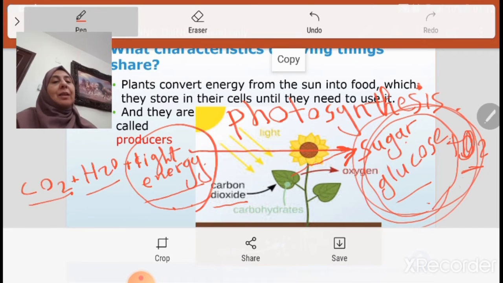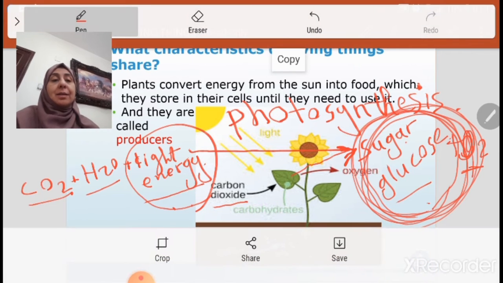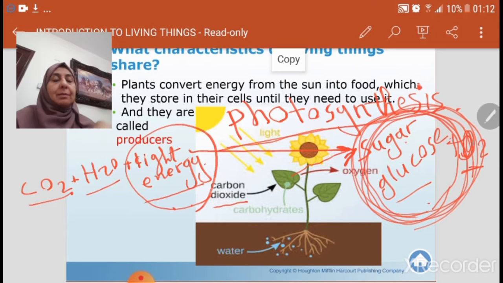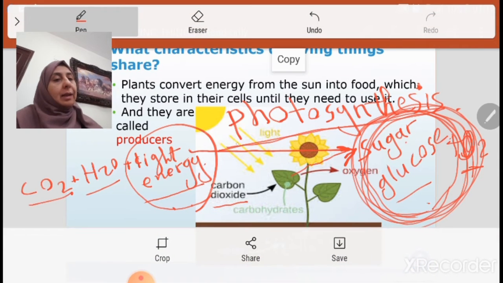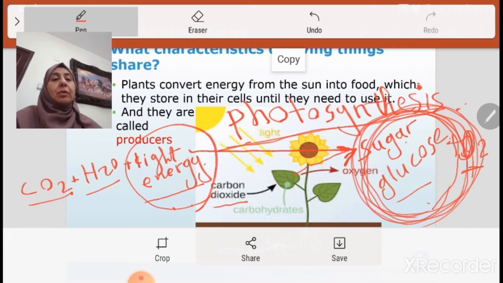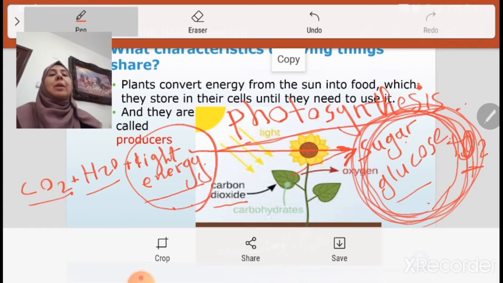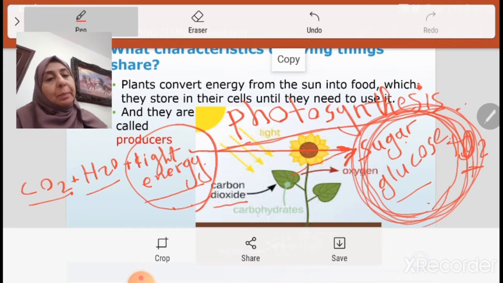Okay, so finally, this is for us as humans. We can't do photosynthesis. Animals can't have photosynthesis. So from where do we get our energy? We get it because we eat plants. Also, we eat meat.